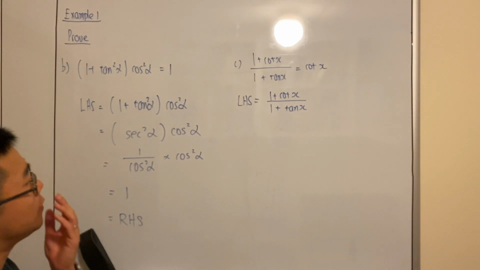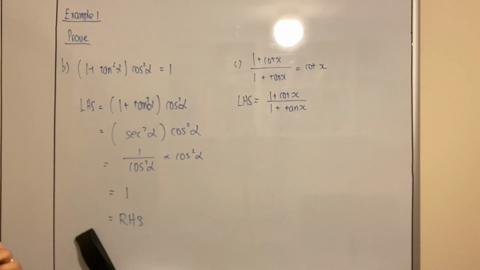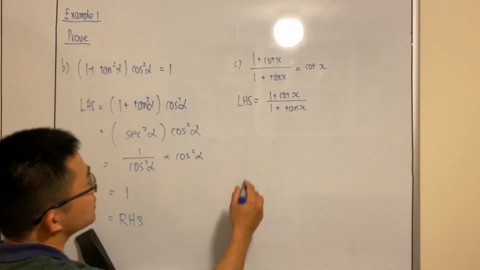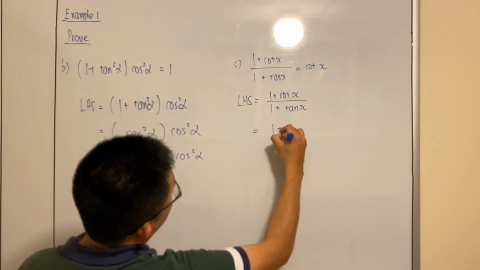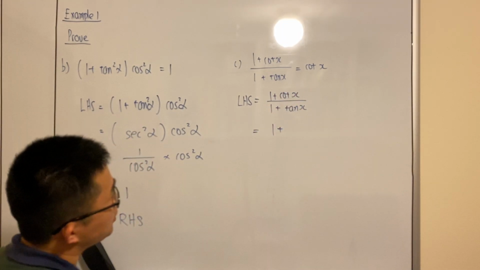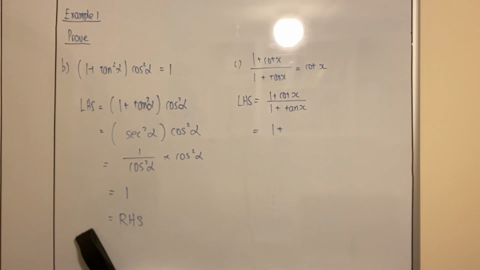All right, now what do we do? What's the idea behind it? You want to prove the right-hand side is equal to cot x, which is cosine over sine. So how about we change the terms, the cotangent x and tangent x, so hopefully we can see something. That's the idea. You might have another way to do it, that's great.